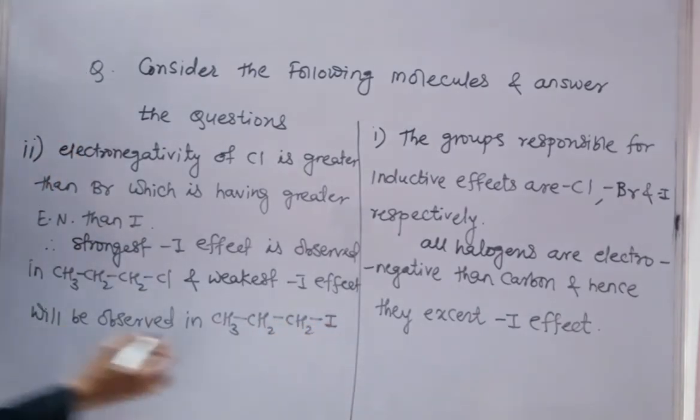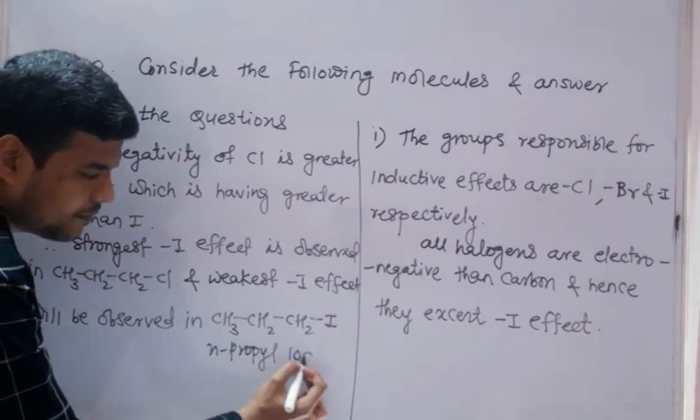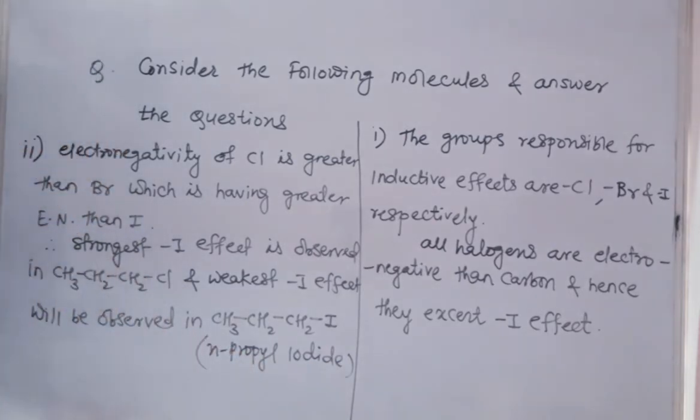Okay, it is called n-propyl iodide. So what will be the name of this compound? n-propyl chloride. Okay, so remember this, note down these points, answers actually.